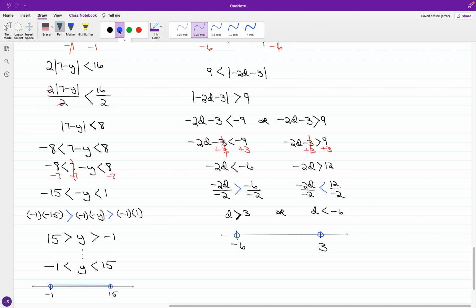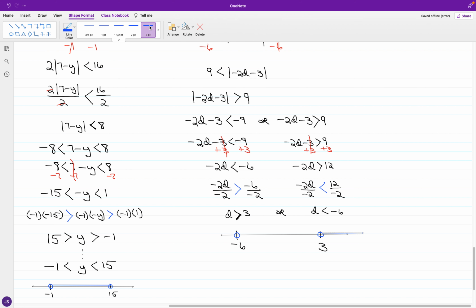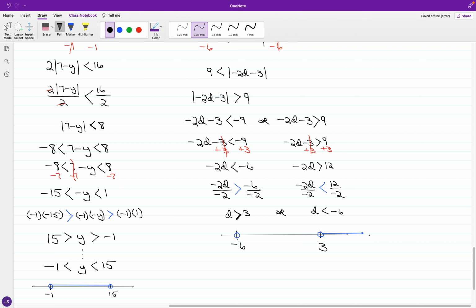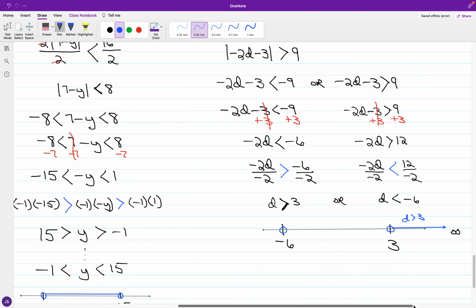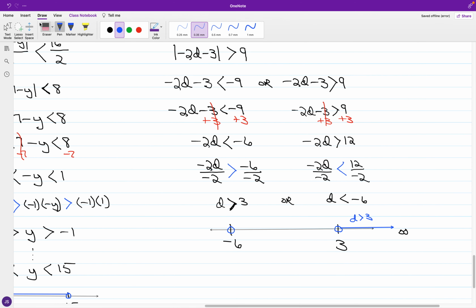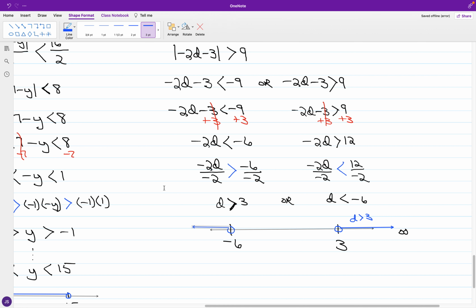For d is greater than 3, we'll have an array going continuously out to the right. And for d is less than negative 6, you have an array going continuously to the left.